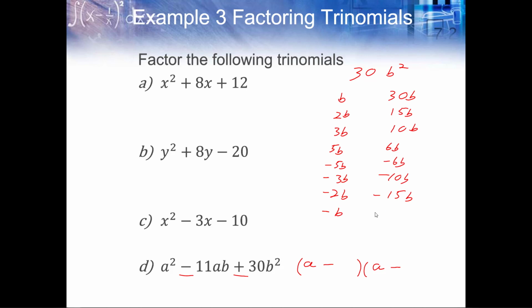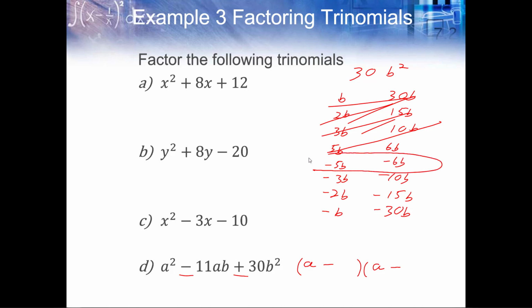Okay, so one question: do you really have to do all these things? Well, no. Since we know that they're going to be negative numbers, we can exclude these. We know that these aren't going to be the factors. The other ones we will probably need to include. Which one of these will sum to 11? Well, this one right here sums to 11.